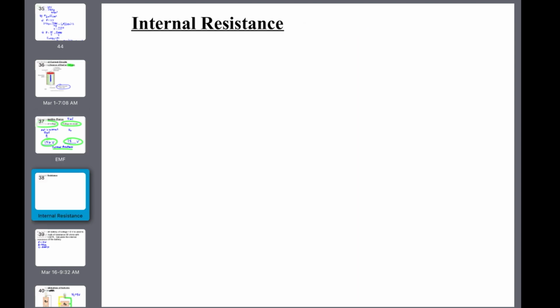So that internal resistance is due to the materials that the battery is made of, and when the charges are flowing, there is a resistance associated with the battery itself. Ideally, that resistance is very low. Okay, so then we will deal with ideal batteries and real batteries.